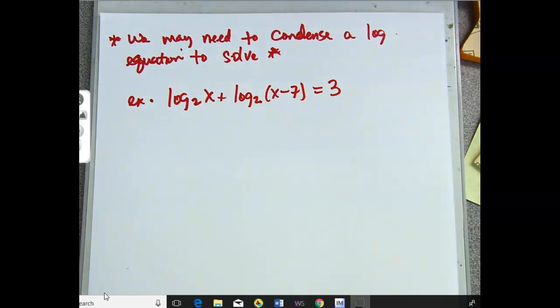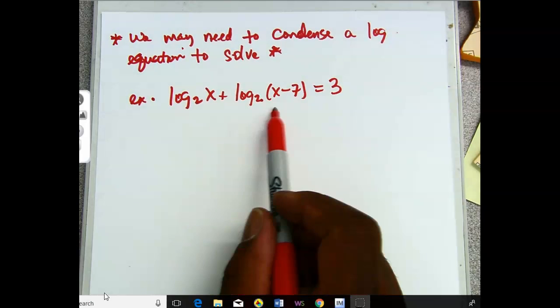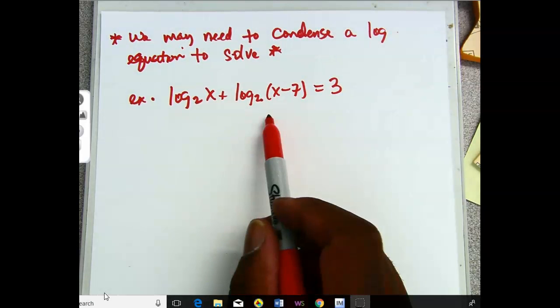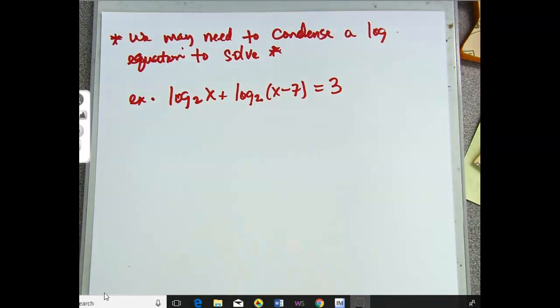Now, if you look back at our original steps to solve, you saw we had to write it in the form of log base b of m equals c. And we don't have that here. We have 2 logs. So we're going to need to condense this. So what would the condensing of this look like?